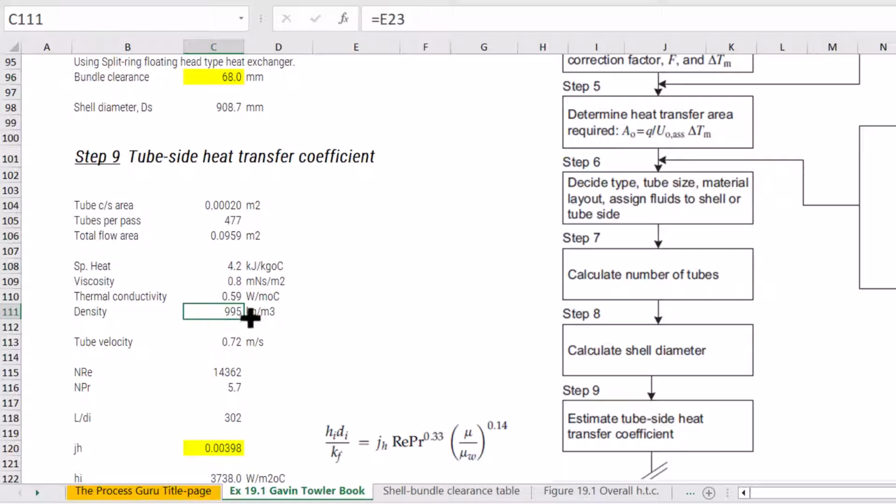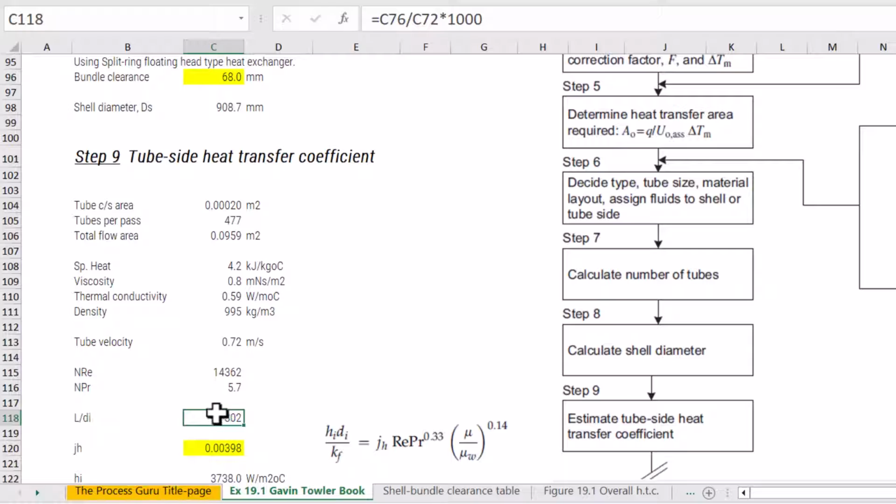If you remember, we have already summarized these in the input summary table, and those values are just retrieved here. The tube velocity is calculated, then the Reynolds number, then the Prandtl number. There is also L by di, the length of the tube divided by the inside diameter, which has to be calculated because we want to use the JH factor graph. In the JH factor graph, we need to have this L by di and the Reynolds number.